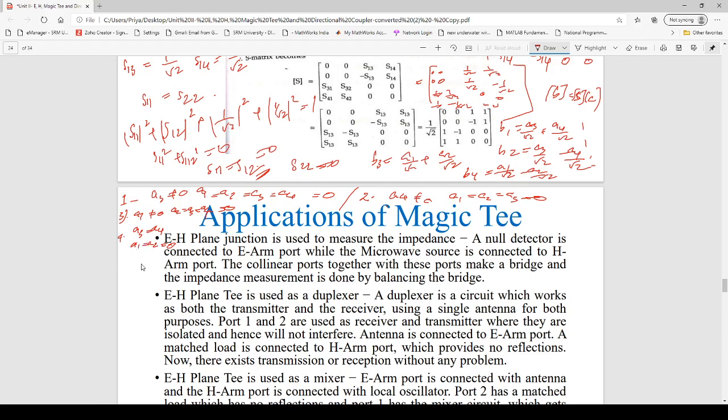And one more case you can take, the fifth case: A1 equal to A2 equal to A, and A3 equal to A4 equal to 0.